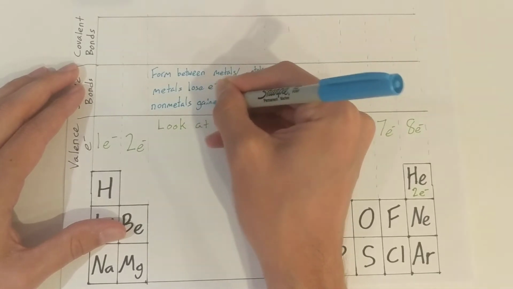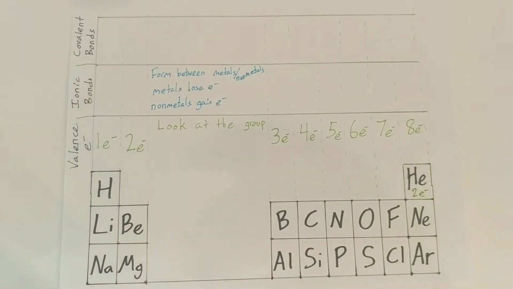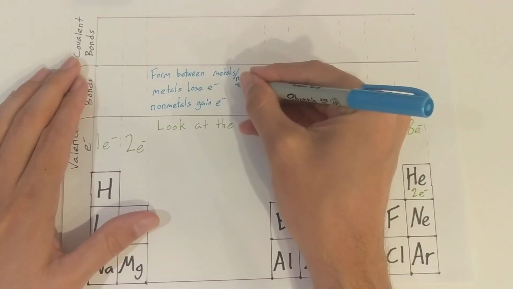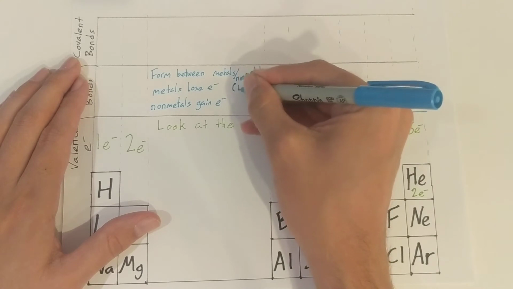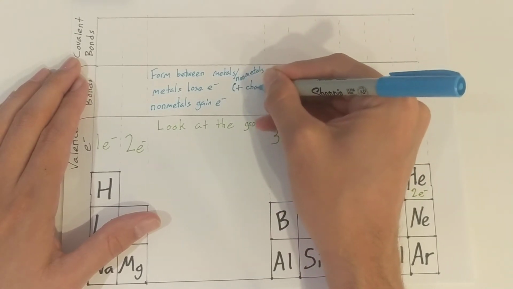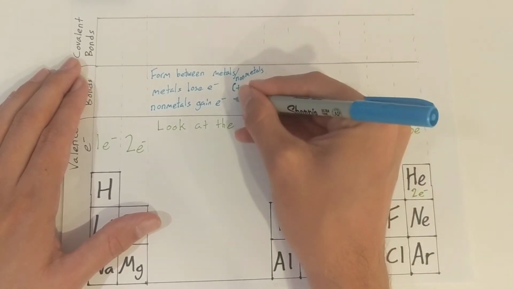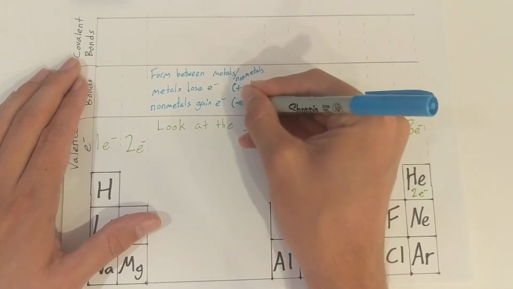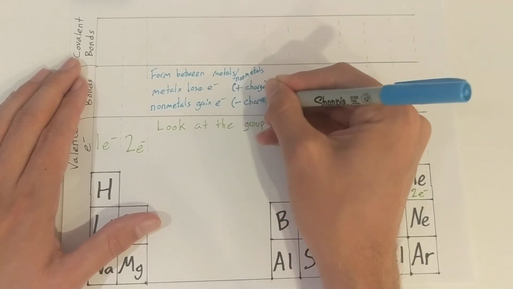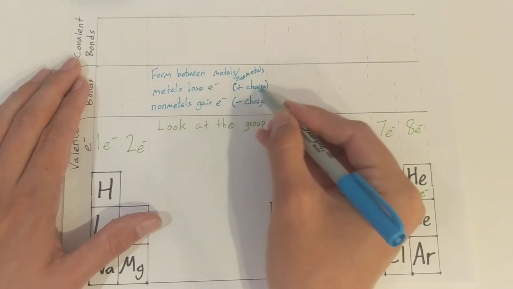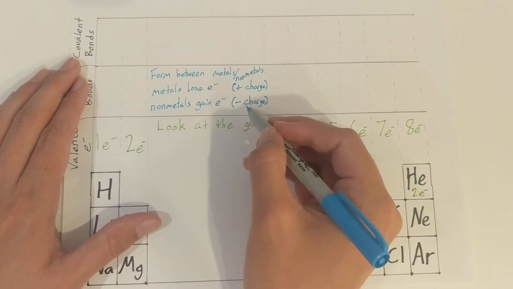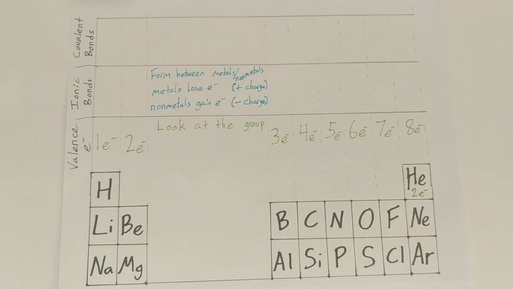Nonmetals gain electrons. And then the important thing is we need to know the charge from that. So our metals are always going to have a positive charge, and our nonmetals are going to have a negative charge. So metals, positive charge, nonmetals, negative charge.